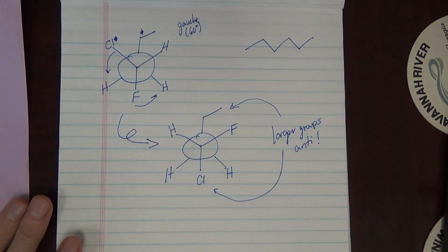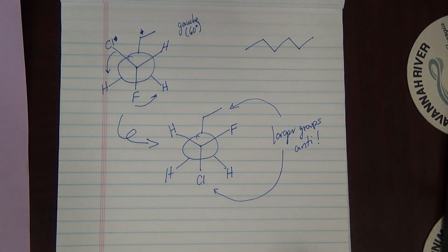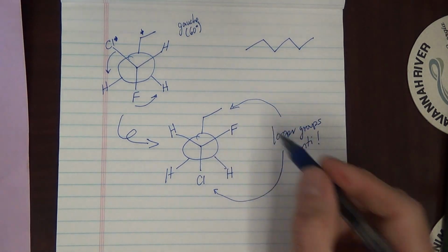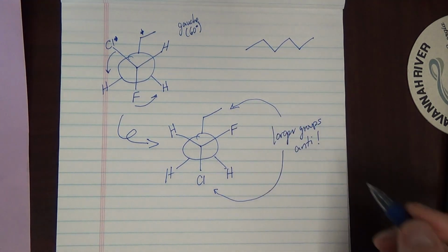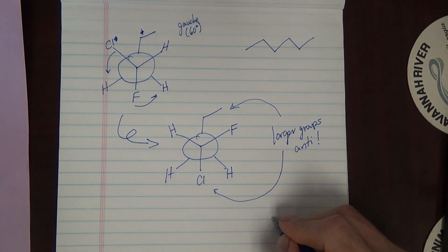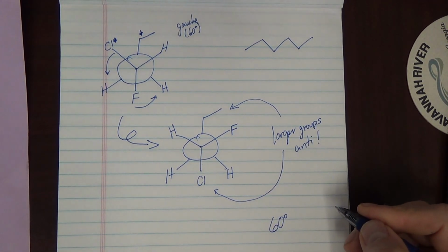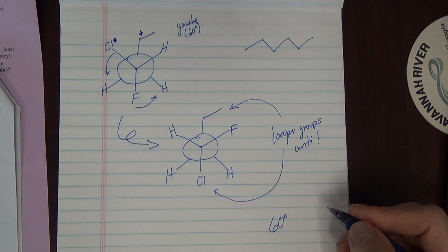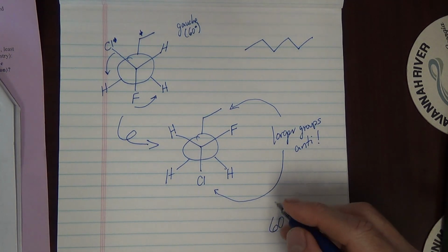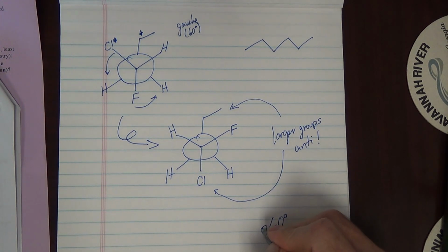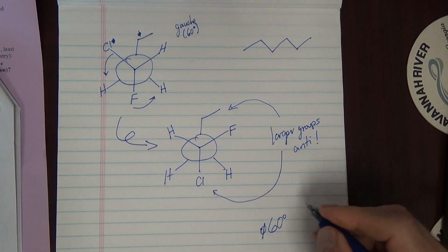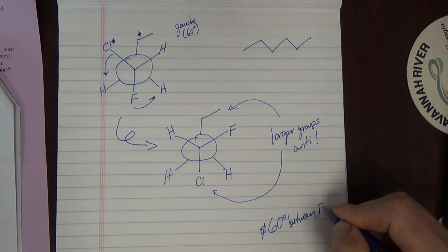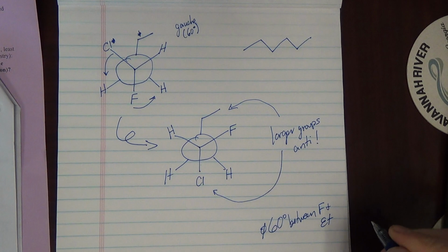Now we can ask questions. For example, what is the dihedral angle between the fluorine and the ethyl in the best conformation? 60 degrees, between F and the ethyl group.